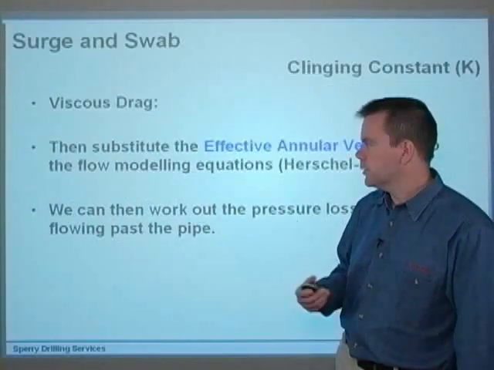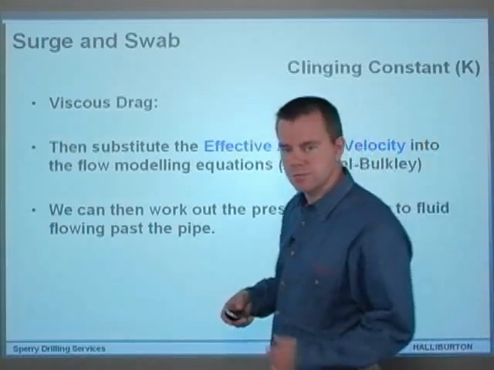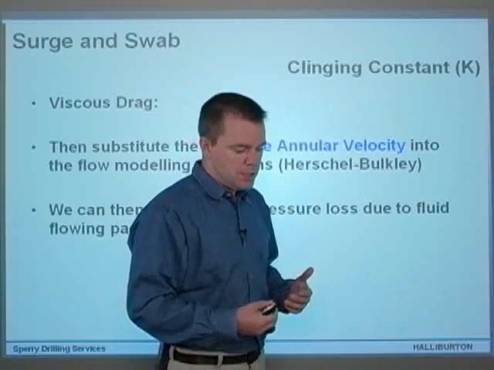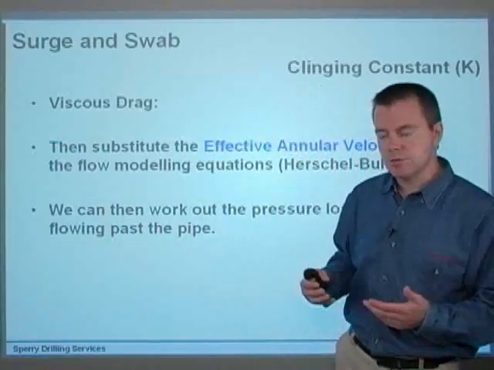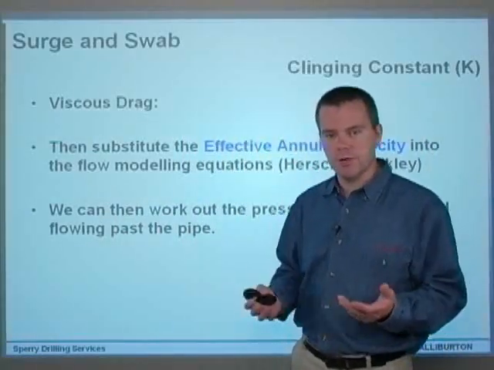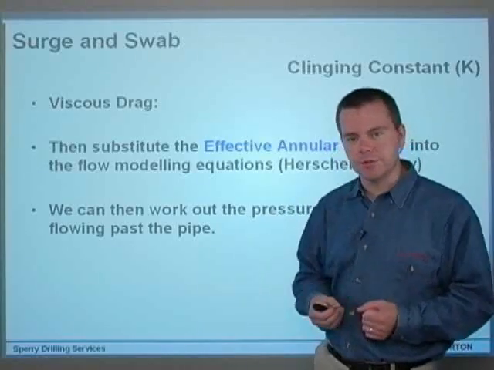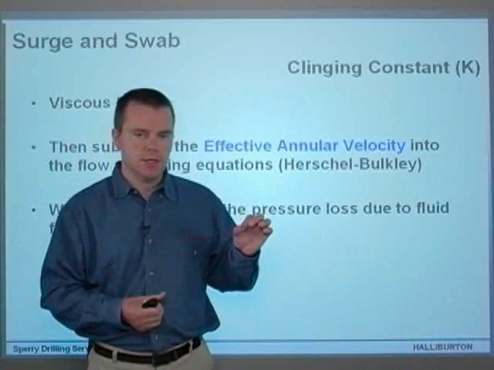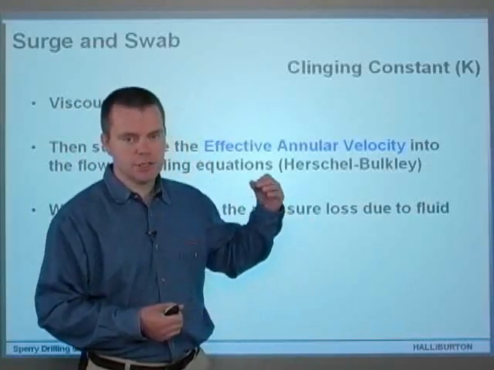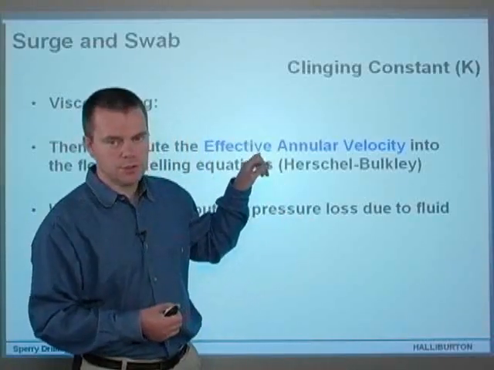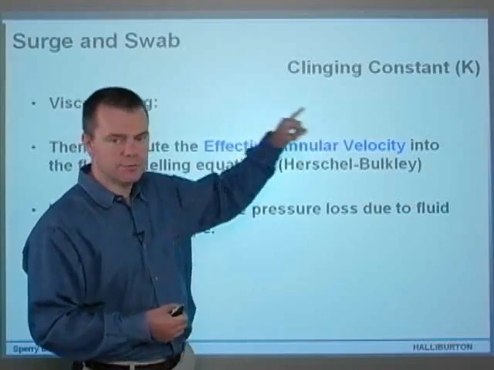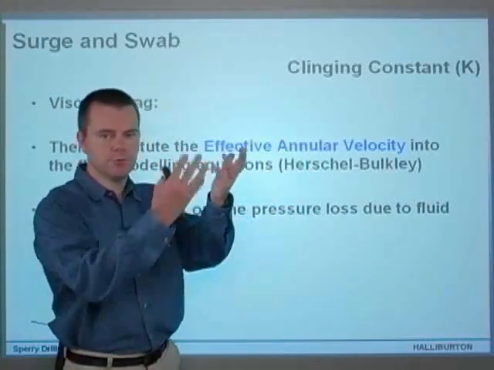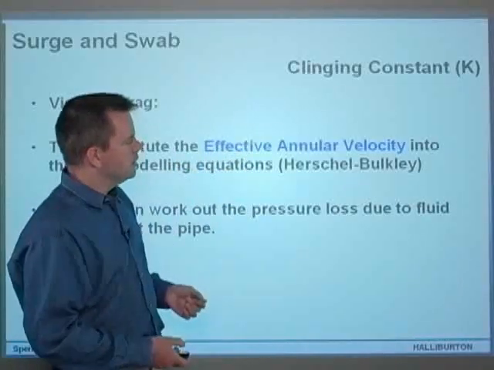Basically, when we're working out viscous drag, we substitute the effective annular velocity into the flow modeling equations, the same flow modeling equations that we use for annular pressure drop or pipe pressure drop, like the Herschel-Bulkley model. So the velocity expression in that equation now is the effective annular velocity, substituted for the annular velocity that we would have when we're just pumping mud around.